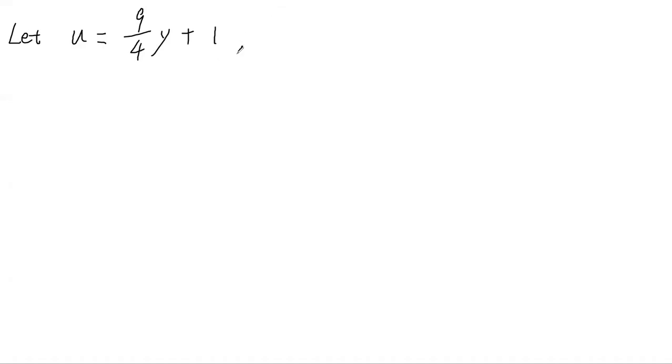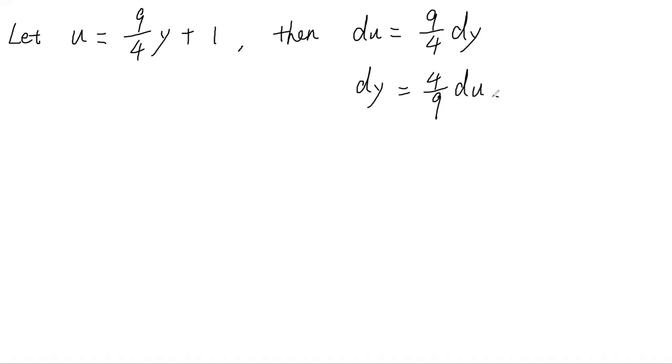So then du is equal to 9/4 dy. And if you divide both sides by 9/4, you get dy is equal to 4/9 du. And then there's a bound for u.